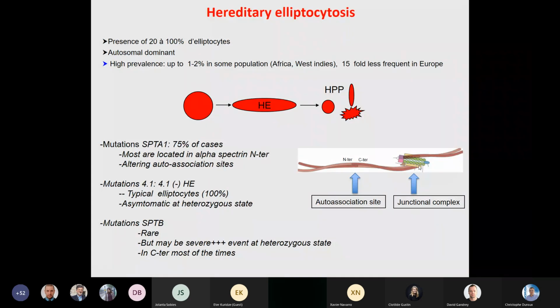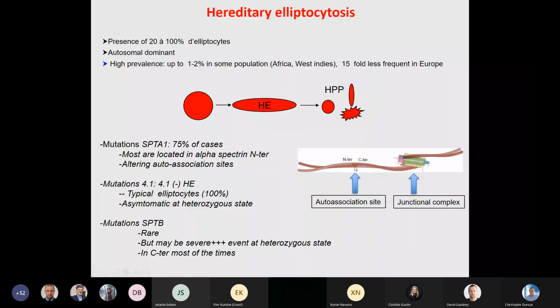The same as for spherocytosis, elliptocytosis may be related to mutations in all the genes encoding these 3 proteins. Most of the time, it's a mutation in the SPTA1 gene that encodes spectrin alpha, and this occurs in 75% of cases. Most of the time, these mutations are located at the N-terminal extremity of spectrin alpha, which is the extremity close to the self-association site, the tetramerization site.